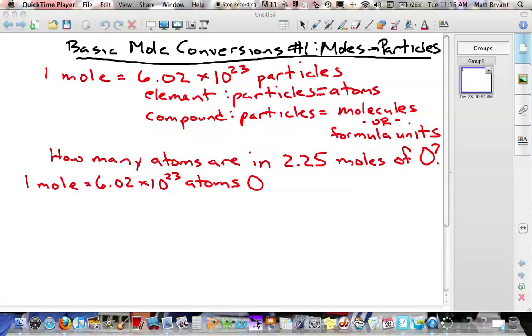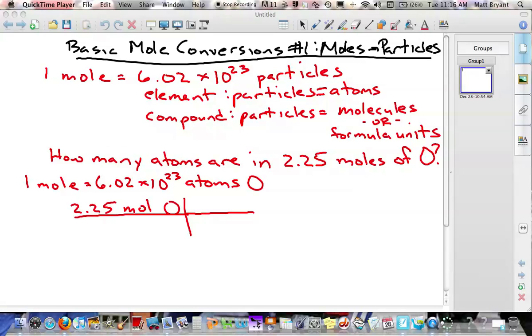So, here goes nothing. I'm going to start out with what we know. In any dimensional analysis problem, you always want to start out with what you know. So, 2.25 moles of oxygen, and I'm abbreviating that MOL, which is perfectly acceptable. And I'm going to set up a grid. Now, in dimensional analysis, you always have to make sure you cancel out the units you don't want and retain the units that you do want. Now, in this case, we're trying to solve for atoms, so that's what we want to end up with.